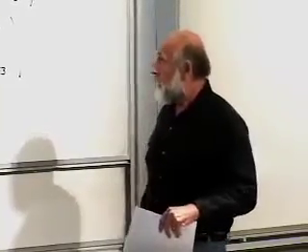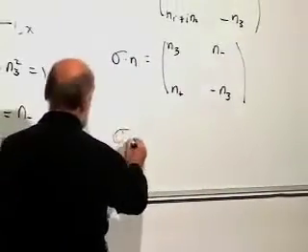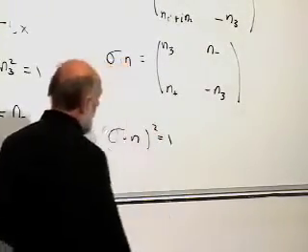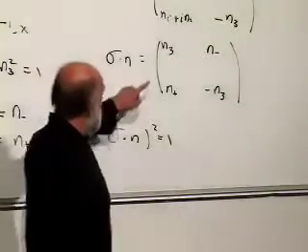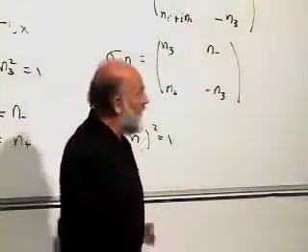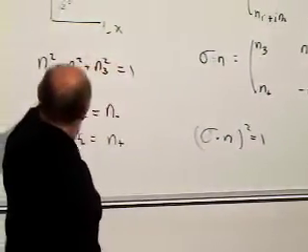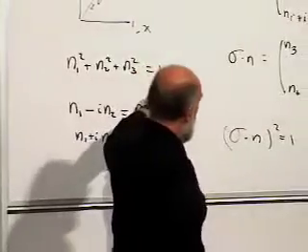Okay, now one thing that we checked last time, I believe, was that for any n, sigma dot n squared is equal to 1. You can check that either by multiplying this matrix by itself and then using the fact that n1 squared plus n2 squared plus n3 squared equals 1.